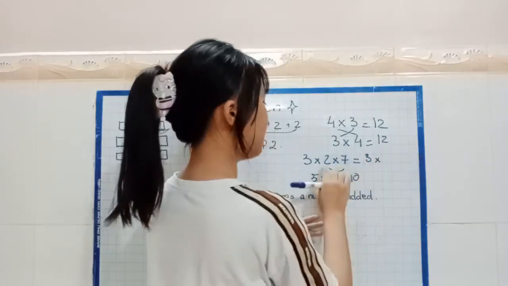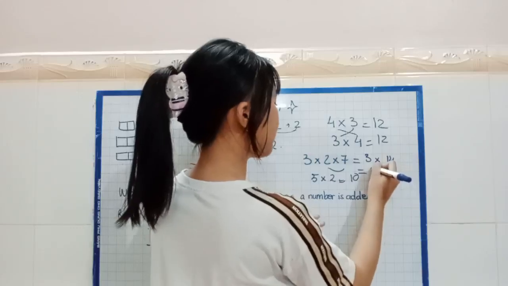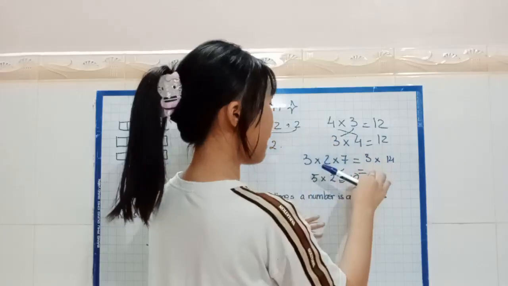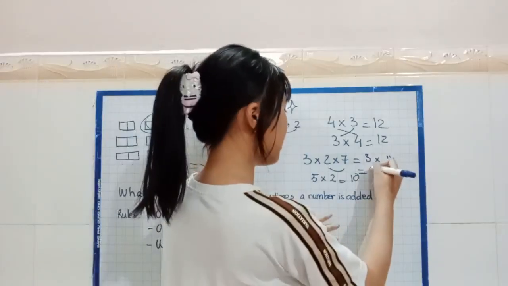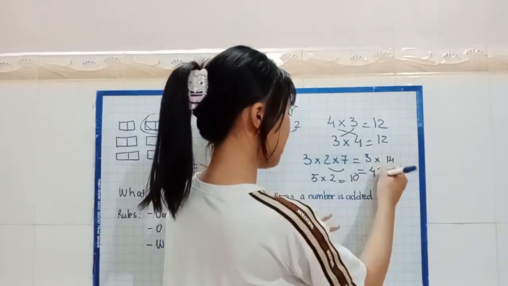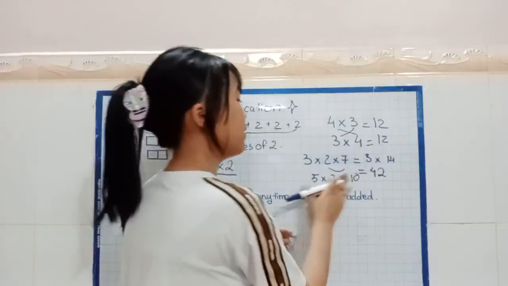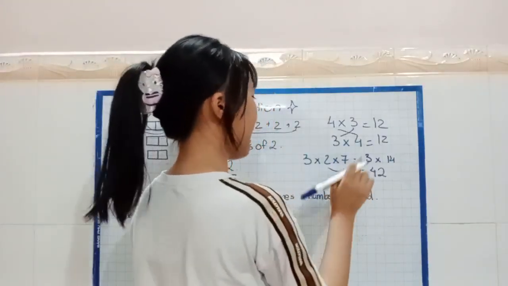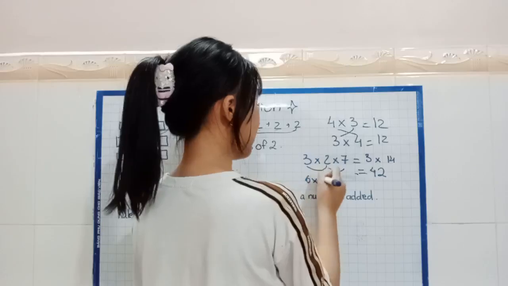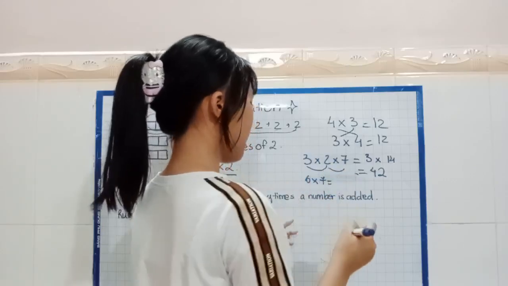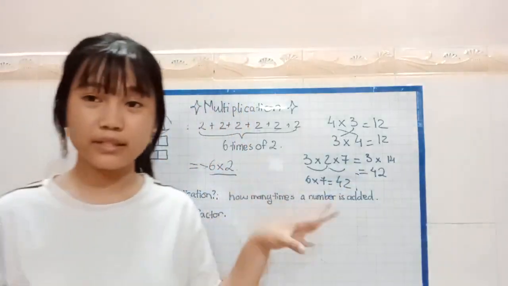So I have 3 times 2 and 7 is 14, and it is equal to 42. Yeah, that is correct. So now imagine if we don't calculate it by these first, and we calculate it by these first. So we have 6 times 7, which is also equal to 42. So you could see the order of it doesn't matter.